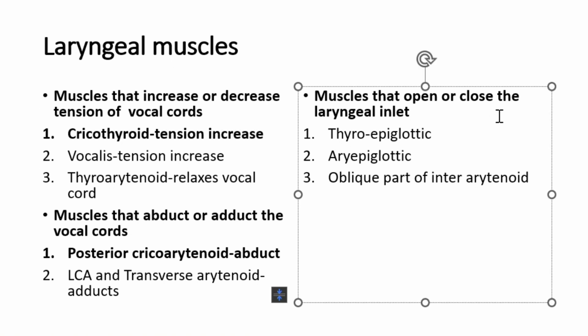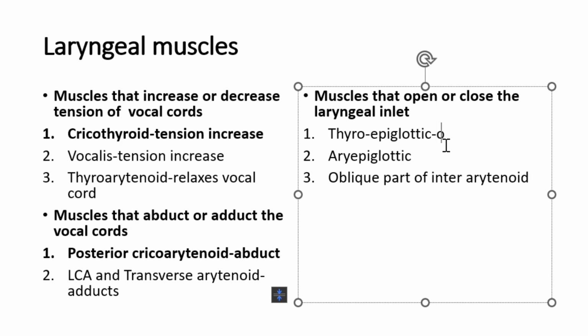Now the muscles which are opening or closing: when they are pulling back the epiglottis, they are closing, then when it is going back to its position, that is opening of the laryngeal inlet. So these muscles, basically the oblique arytenoid and aryepiglotticus, are going to close the larynx, and this thyroepiglotticus is going to open.